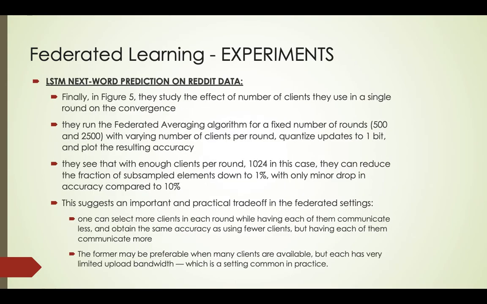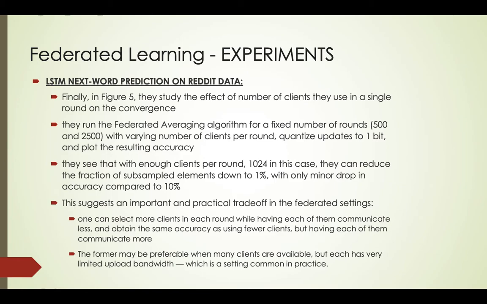Finally, in the figure that we saw, they study the effect of the number of clients they use in a single round on the convergence. They ran the federated averaging algorithm for a fixed number of rounds, 500 to 2500, with varying number of clients per round, quantize updates to 1 bit, and plot the resulting accuracy.